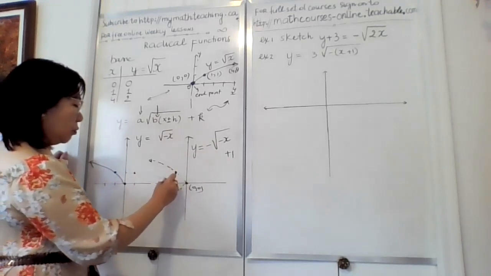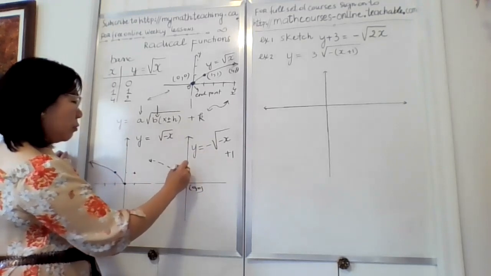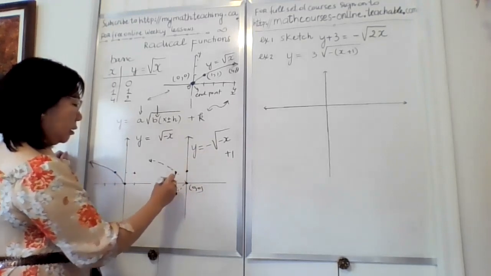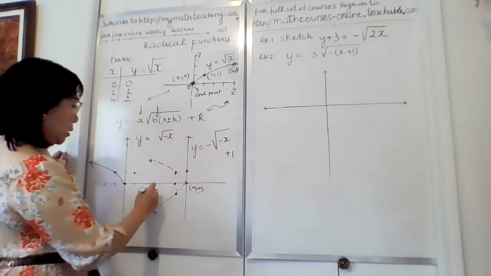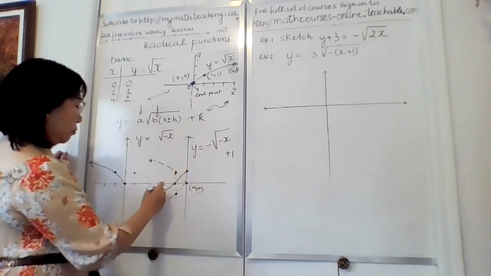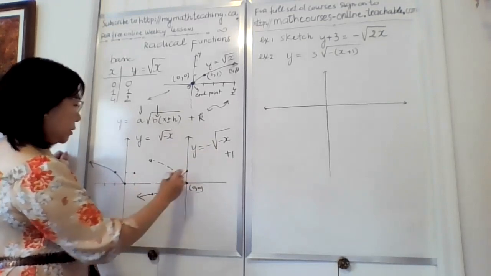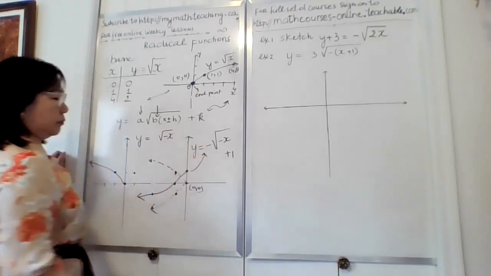The point here will become here. The point here shifted up by 1 unit will be here. And any point on this draft will be shifted up by 1 unit. So the final sketch will be this one, which is this function.